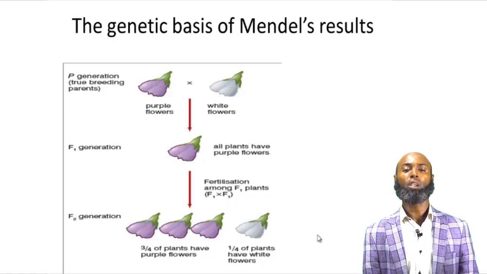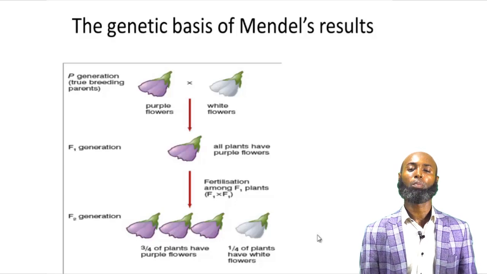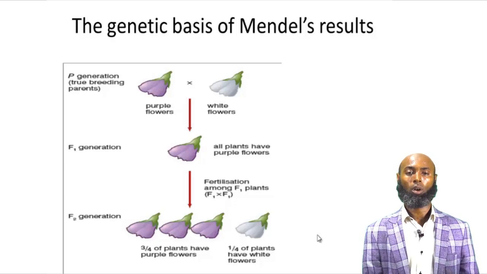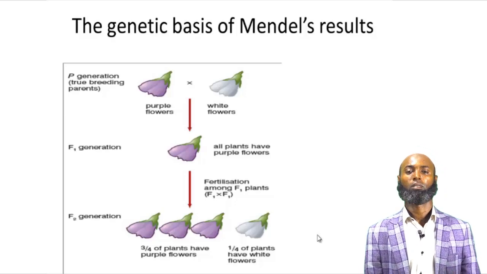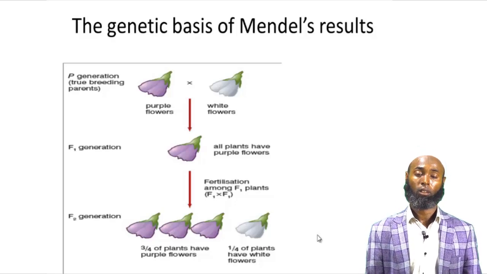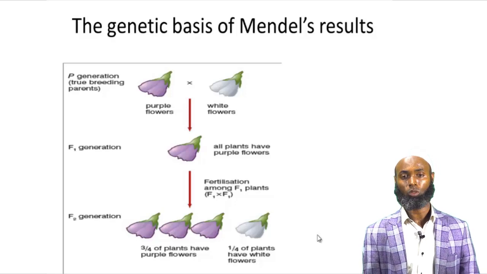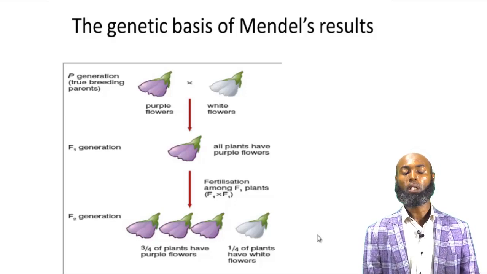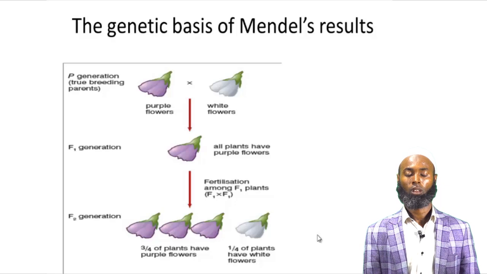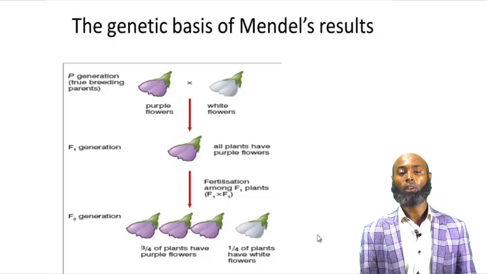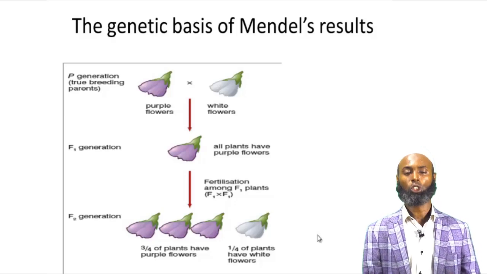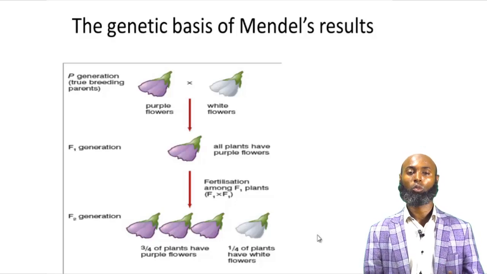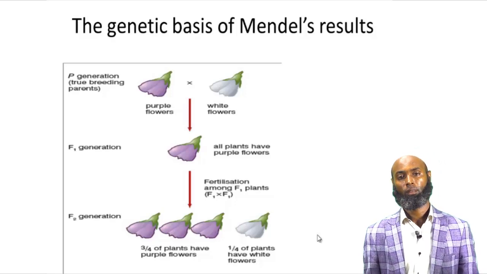But if we see the genotype, one of the flowers is fully purple, capital P, capital P, and 2 flowers will be capital P, small p, and 1 flower would be small p, small p, that's white color. So the ratio, when you see the genotype, would be 1 to 2 to 1.